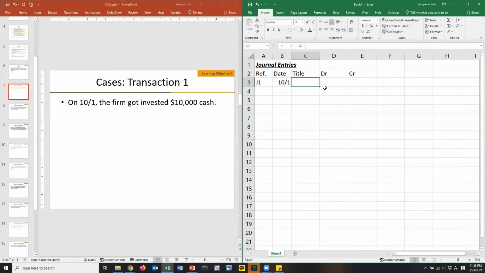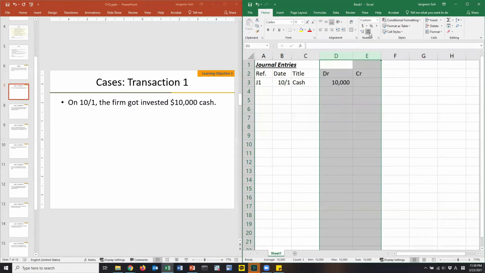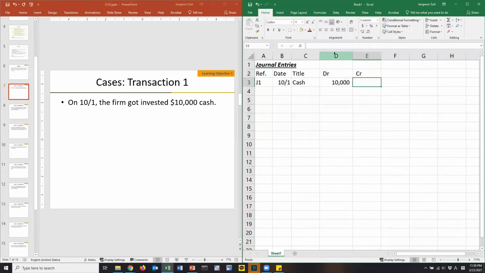And then title. The example is the same as what we discussed 1 minute ago. So you have cash, and on the debit side, 10,000. I want the 1,000 separator and no decimal point.